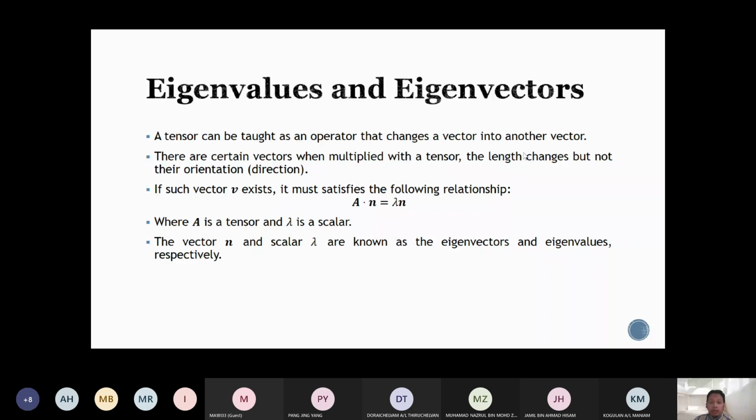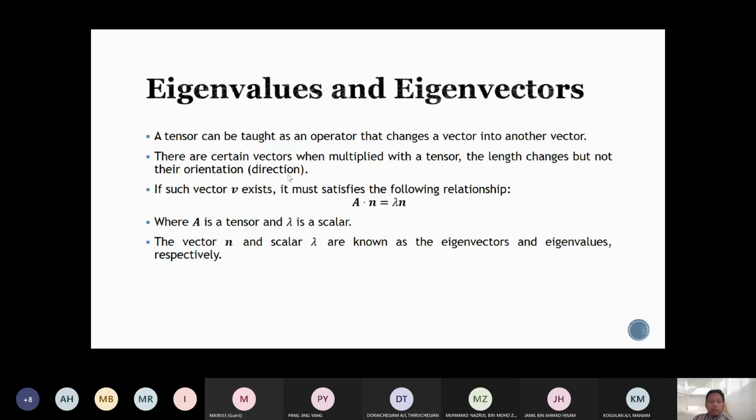If you multiply a tensor to a vector, that vector will change in something, either direction or magnitude. There are certain vectors that when you multiply with a tensor, the magnitude changes but not the orientation. The direction tak berubah. So just now the magnitude doesn't change but the direction changes.